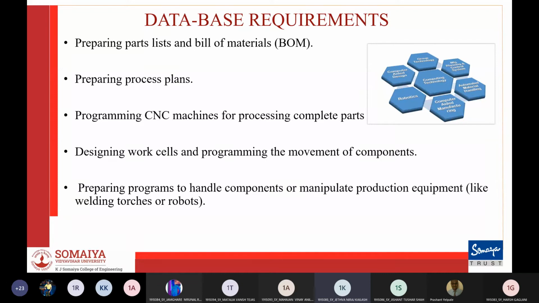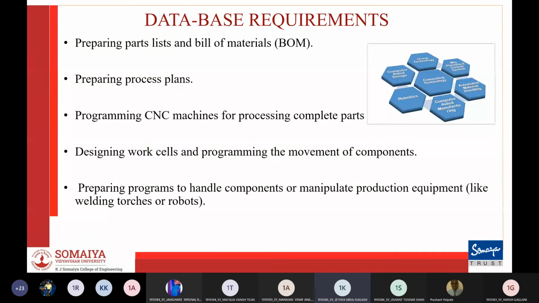Preparing the process plan: the process plans are prepared for each and every individual part that is manufactured and which is going to be assembled in due course. Programming the CNC machine: a particular program is selected based upon the operations which are going to be carried out in any of the CNC machines.